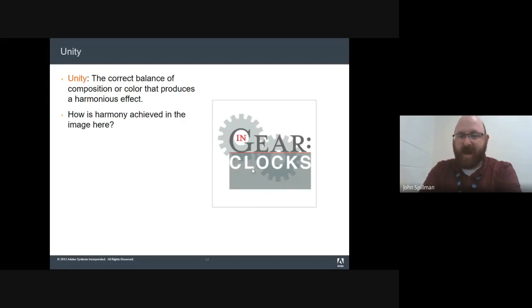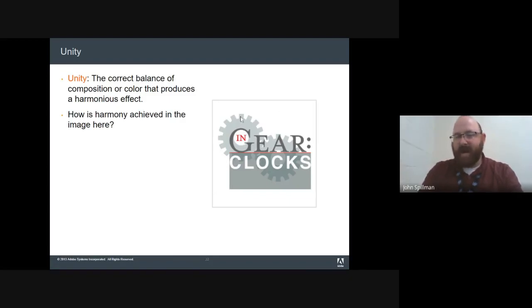It says In Gear Clocks. Notice it uses kind of tints and shades of gray. So that would be a characteristic of unity. Notice that it's talking about clocks. It uses the term gear, and then it uses gears in the design. That would be another way it creates a harmonious effect, right?